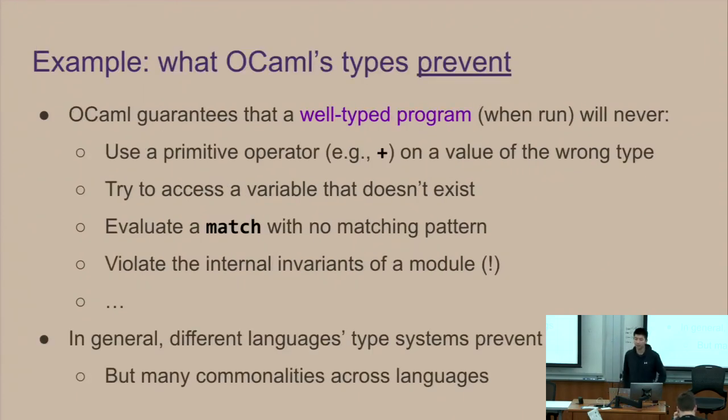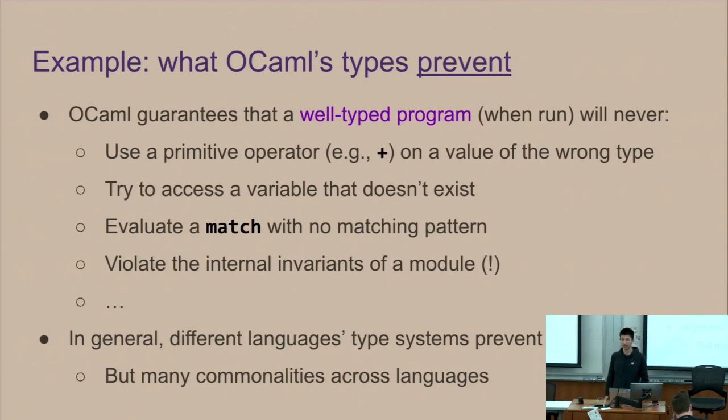So yeah, time to look at some examples of what OCaml's type system would prevent. It guarantees that a well-typed program will never use a primitive operator on a value of the wrong type. We've seen that. It will never try to access a variable that doesn't exist. It will never evaluate a match with no matching pattern.